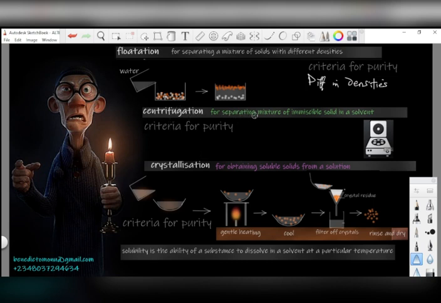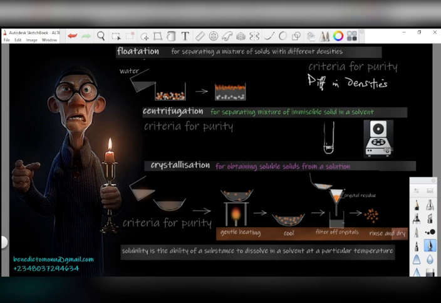Centrifugation is a common method of separating blood into blood cells and its plasma in a hospital. The blood cells are denser. The blood plasma, which is the liquid part of the blood, is lighter. So that part stays above in the test tube that you have loaded into the centrifuge. So you have a test tube.